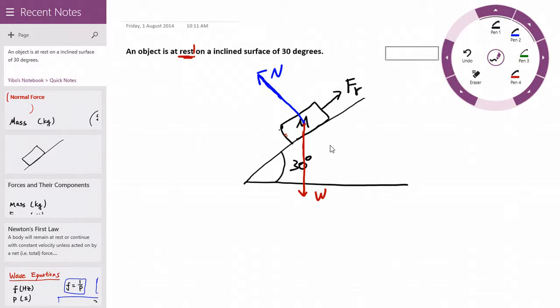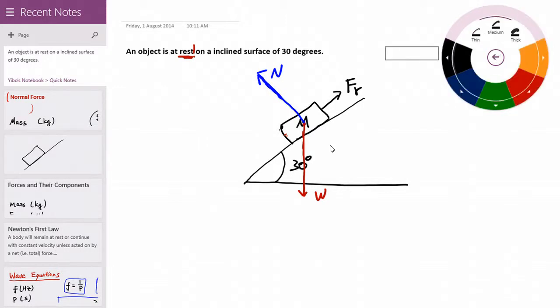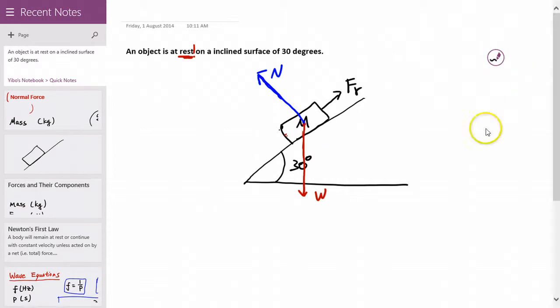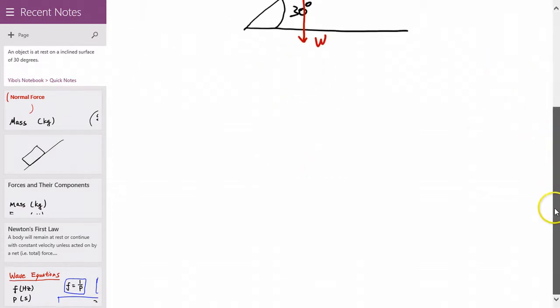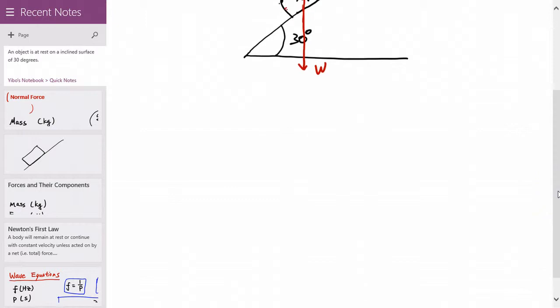However, let's assume we have an inclined angle of 60 degrees.